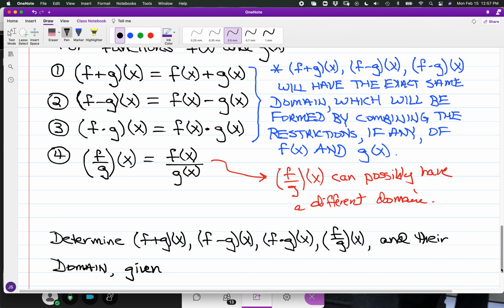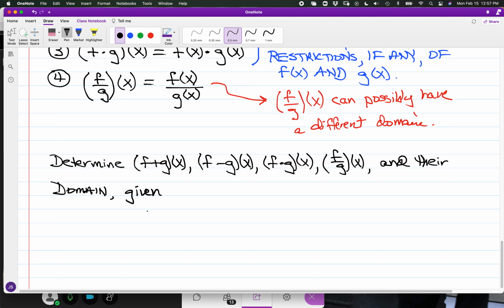Let's say we have f of x is equal to 3x plus 7 and g of x equal to 4x minus 8.